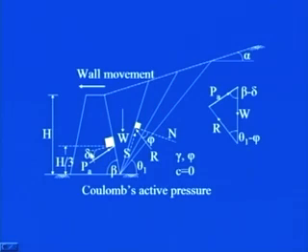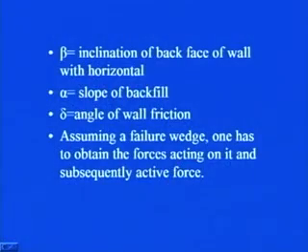Delta is the angle of wall friction, that is this one. Then what all are the forces which will come into the picture? Let us see one by one the notations that we have used in the figure. Beta is the inclination of the back face of the wall with horizontal, alpha is the slope of backfill, and delta is the angle of wall friction.